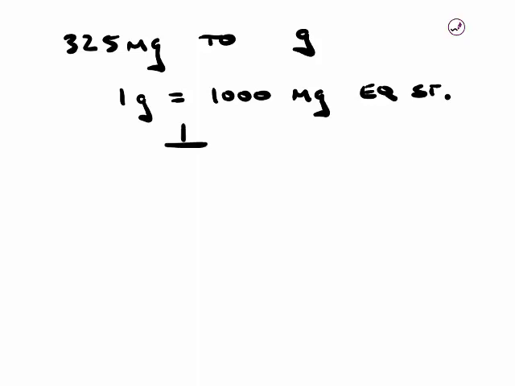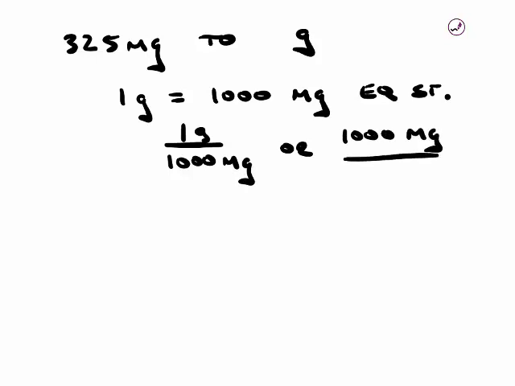For this one, we have 1 gram over 1,000 milligrams, or 1,000 milligrams over 1 gram. So both of these conversion factors can be used to interconvert between milligrams to grams or grams to milligrams.